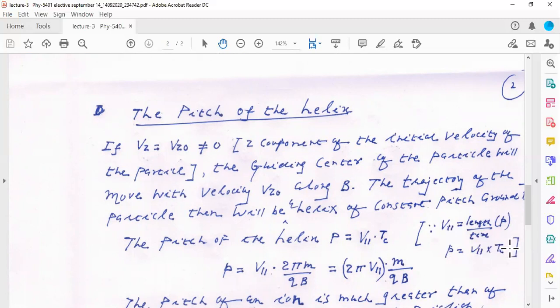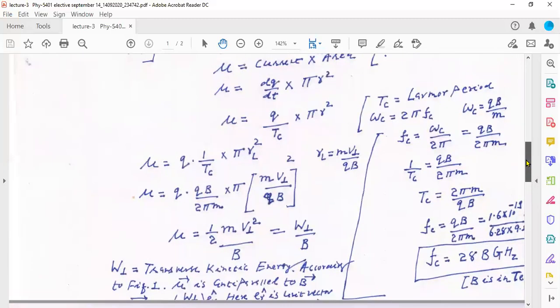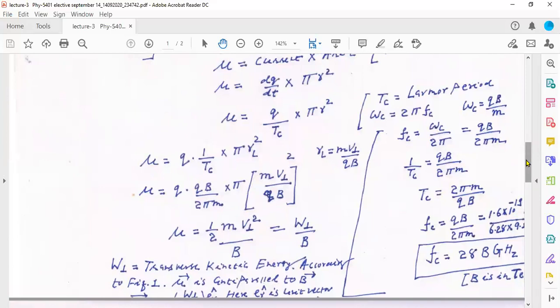This is known to you because I have already explained the helical path. Now v parallel I am writing as it is, and Tc, the Larmor period which we have already defined in the previous case, has the expression which we calculated: 2 pi m upon qB.